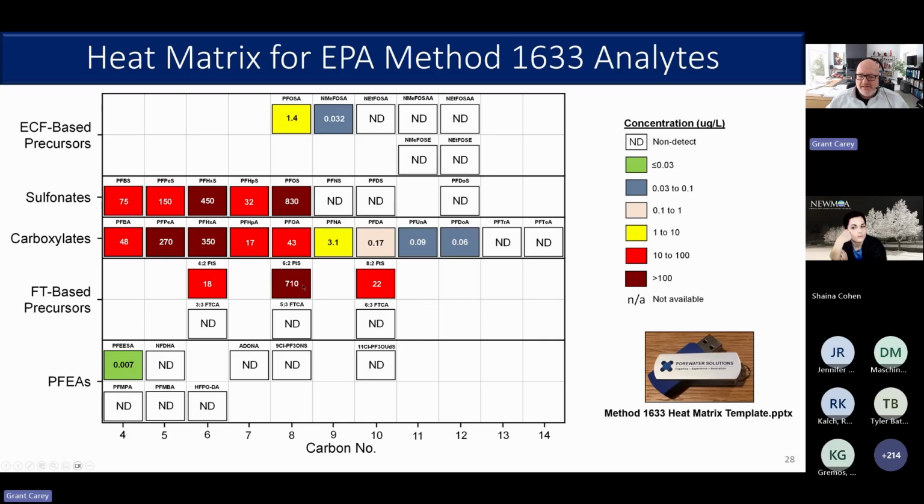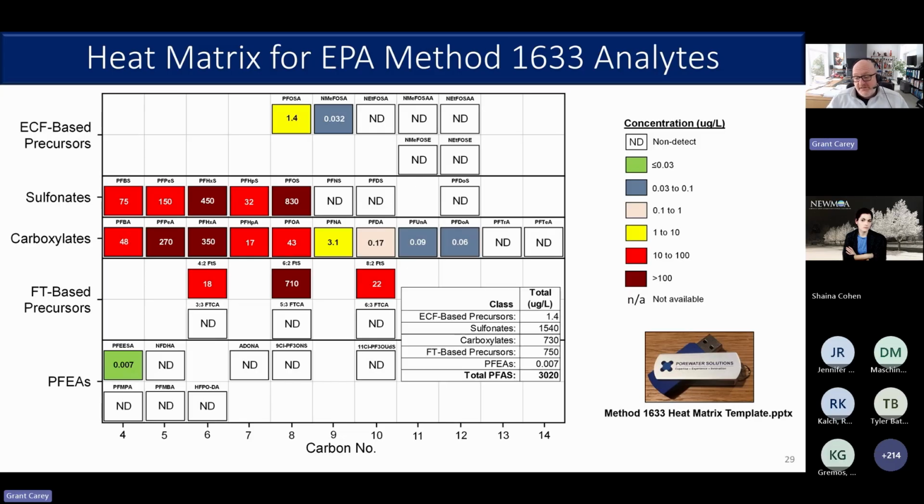We've also got pretty high 6:2 FTS and high daughter products, so obviously a lot of degradation of that 6:2 FTS precursor has happened. We've got pretty low concentrations of 8:2 FTS and low concentrations of PFOA and PFHpA. So if you think about it, what are the two AFFF products used most predominantly at that site?